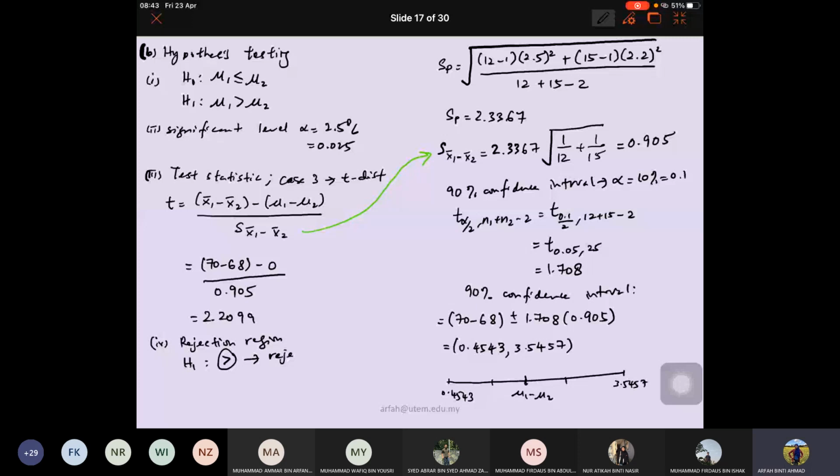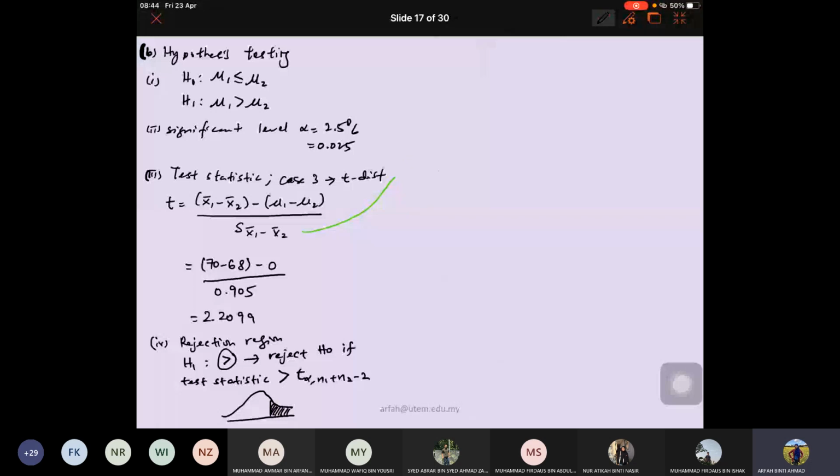This one. Okay. So, dapatkan T alpha, n1 plus n2 minus 2. Okay. T alpha is 0.025. 12 tambah 15 tolak 2 sama dengan T 0.025, 25. Okay. So, dapat berapa nilai dia?